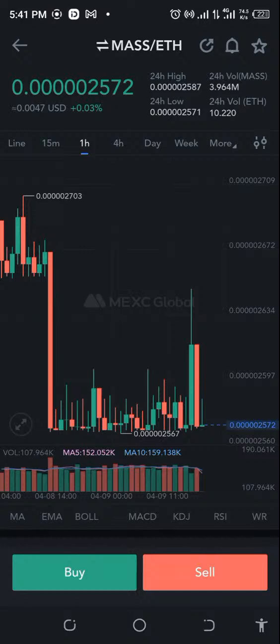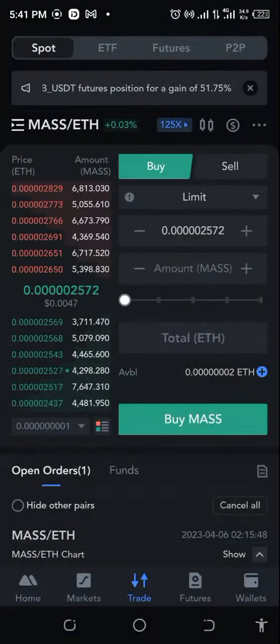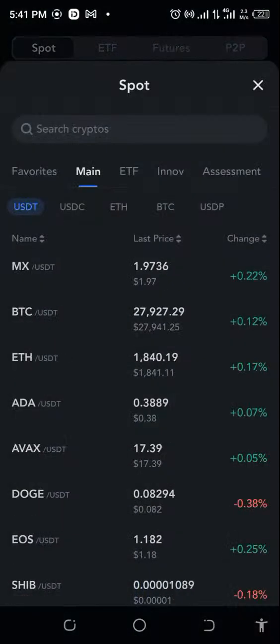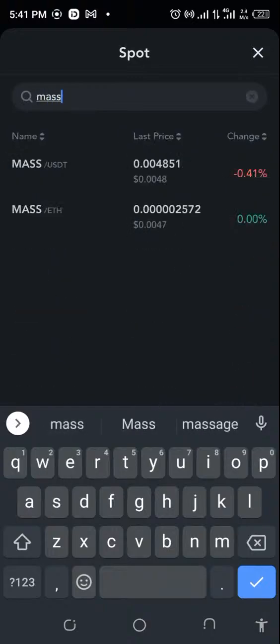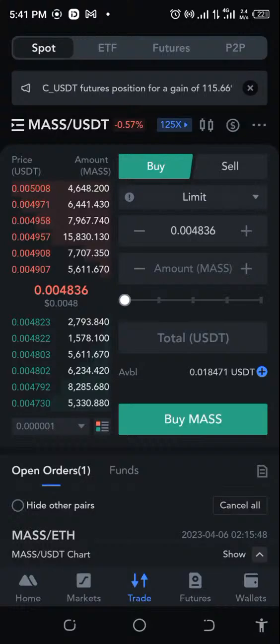If I see that this price goes down a bit more to our original price, because no matter what it is right now, we need to be able to get this back to 2527 for us to even sell this. If we're able to get it to 2527, then we can come back to MASS USDT and we'll be able to sell.